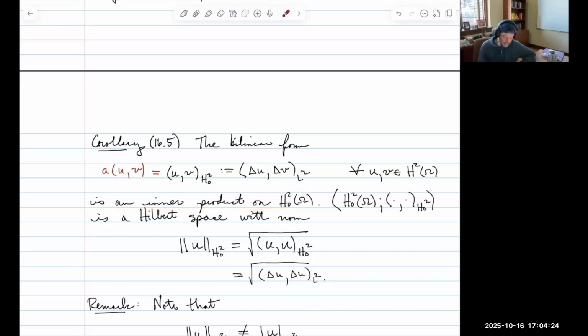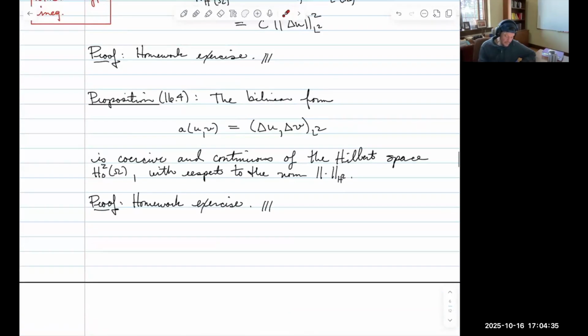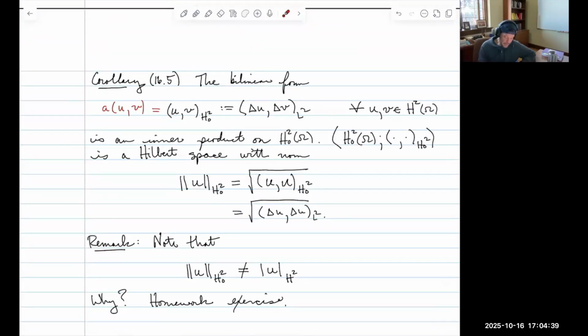This was our bilinear form that we defined above. What this little corollary says is that, because of the last result, we can show that this bilinear form, which we define that way, is actually an inner product on H02. It's not an inner product on the whole space H2, only on H02.